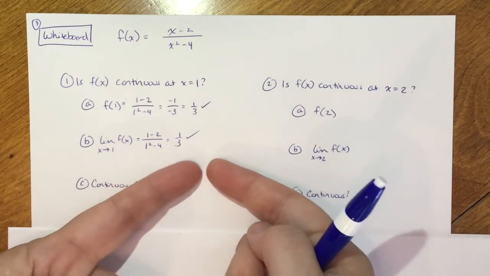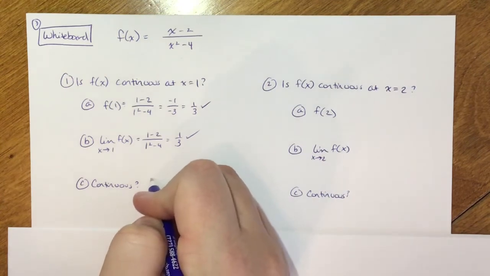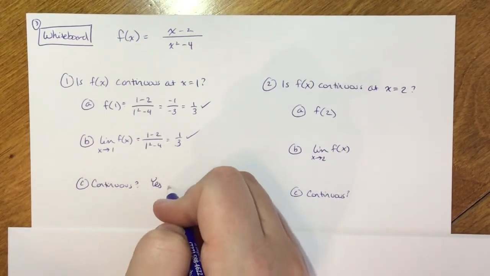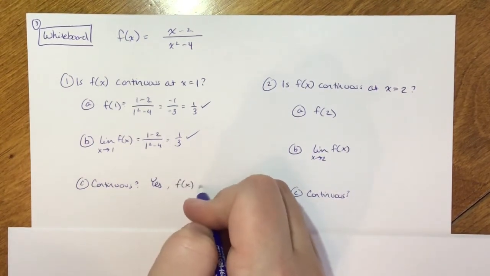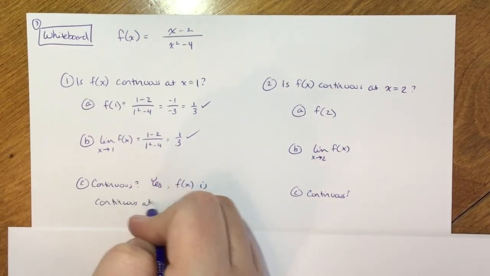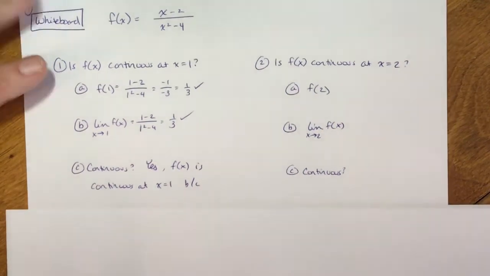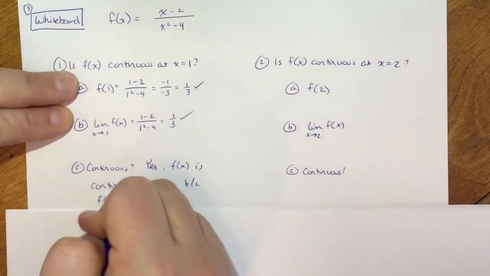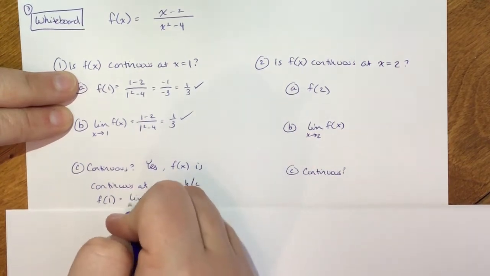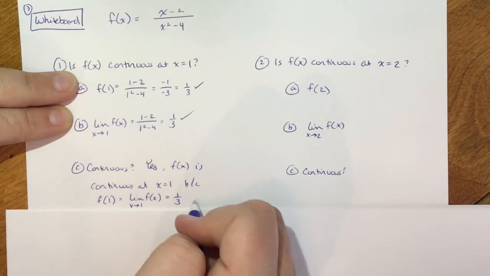So I'm getting close to the actual y value where the point will be. So yes, I'm going to say that f of x is continuous at x equals 1 because these two parts equal each other. Because f of 1 equals the limit as x approaches 1 of f of x, which is equal to 1/3.